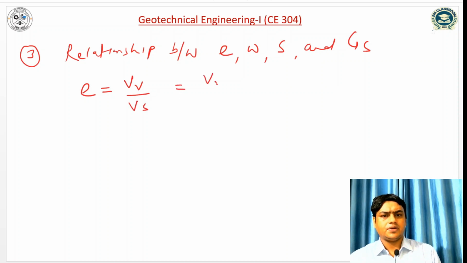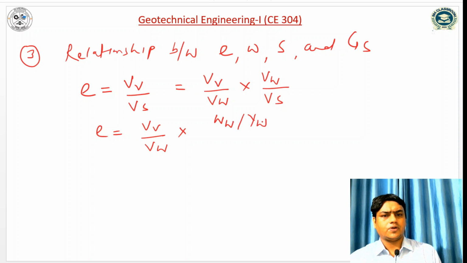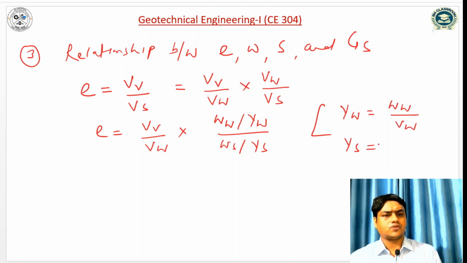or we can write volume of void by volume of water into volume of water by volume of solid. Volume of water can be written as weight of water by unit weight of water, and similarly volume of solid is weight of solid by unit weight of solid, because we know that unit weight of water is equal to weight of water by volume of water, and similarly unit weight of solid is equal to weight of solid by volume of solid.